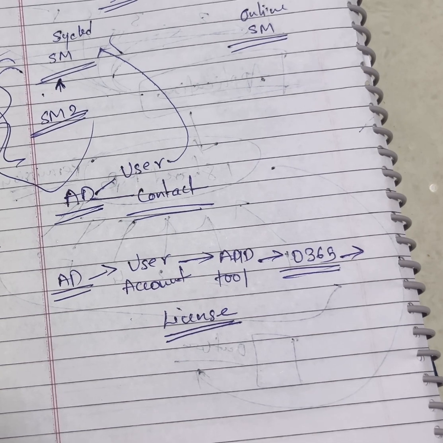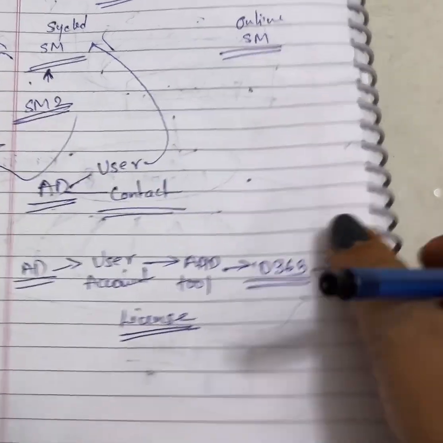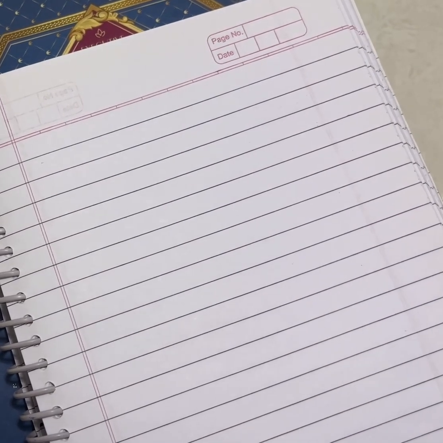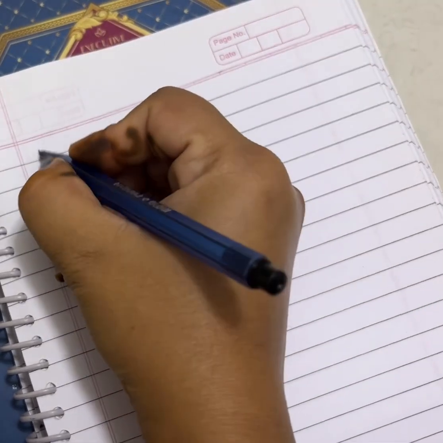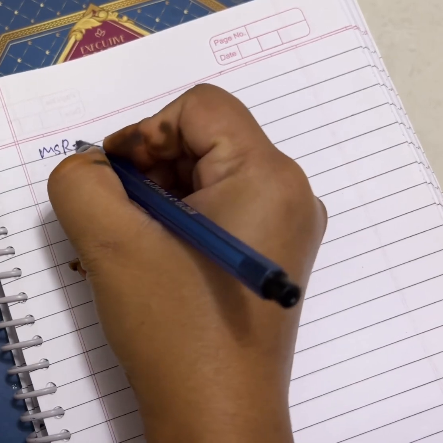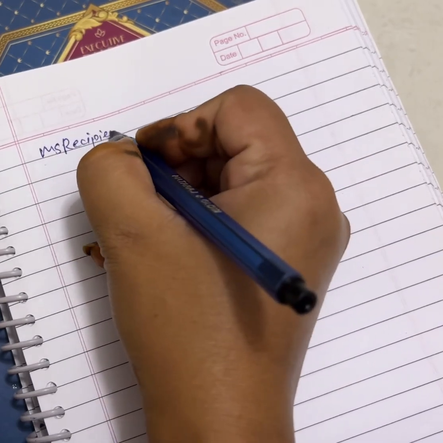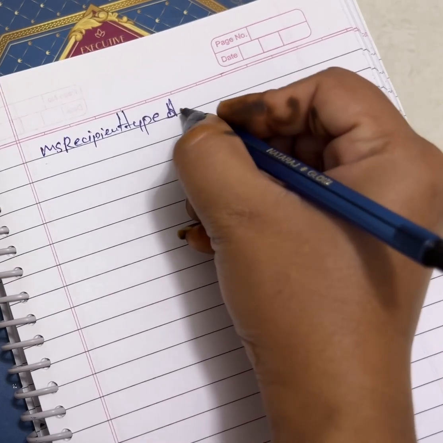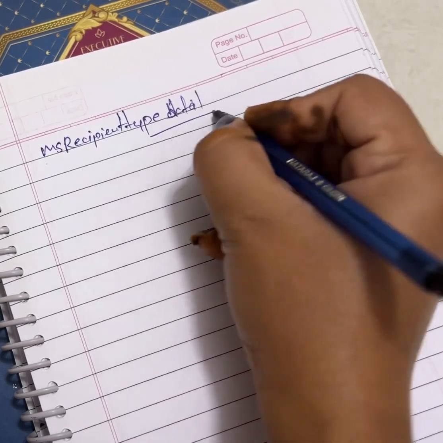Okay, there is an attribute. Previously there was no Exchange online, we only had Exchange on premise, right? So in AD there is also something called msExchRecipientTypeDetails. If you have AD access, you can simply log in and check this.